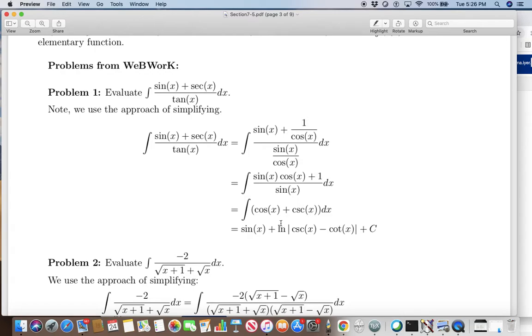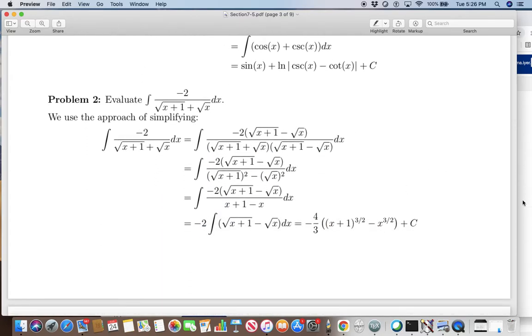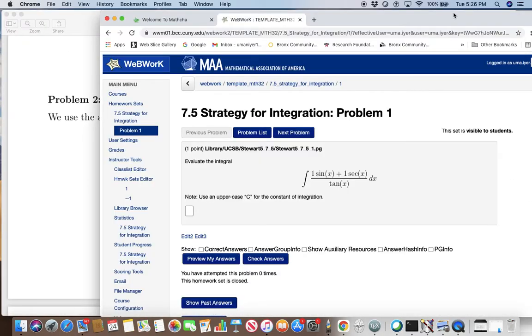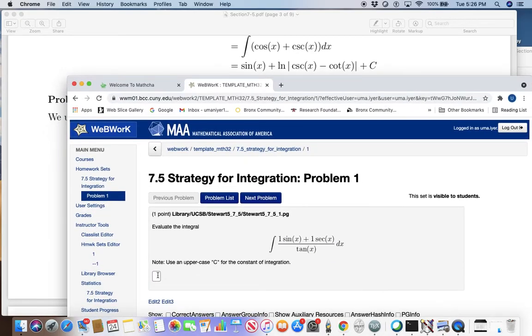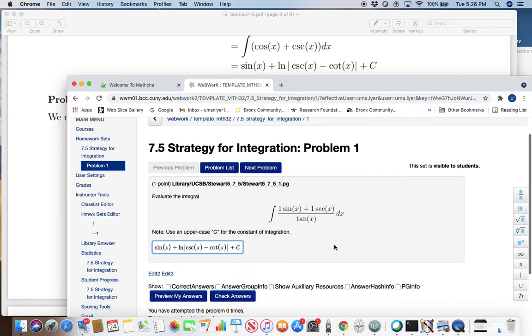These come from our formulae: natural log absolute value of cosecant x minus cotan x plus constant of integration. So the answer is sine of x plus natural log absolute value of cosecant x minus cotan x, plus constant of integration.